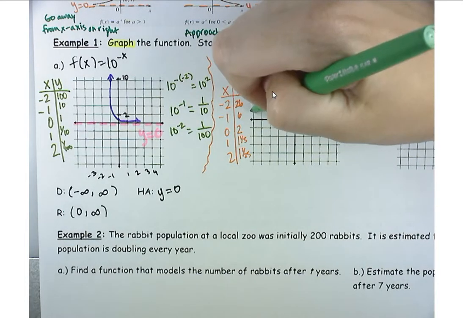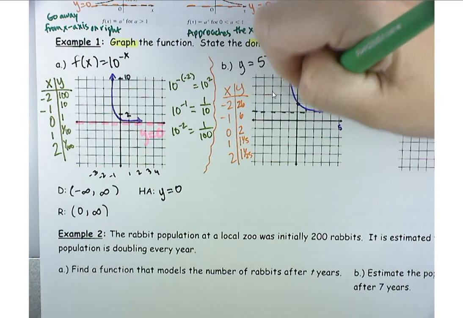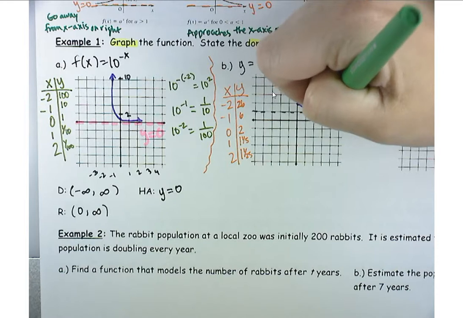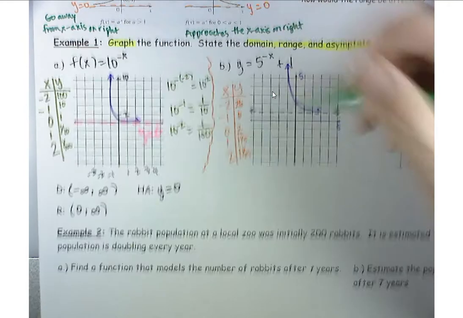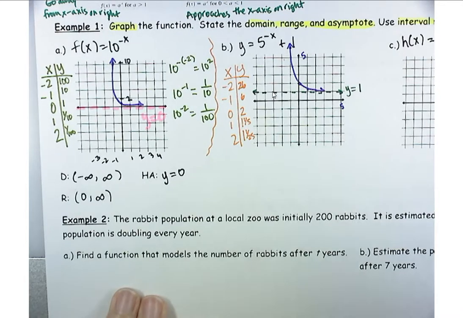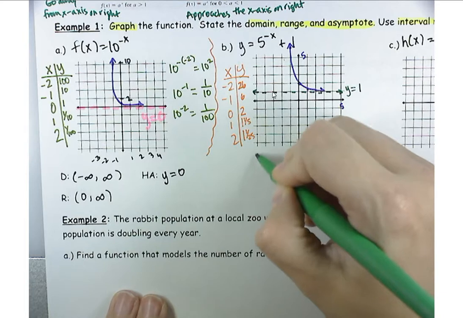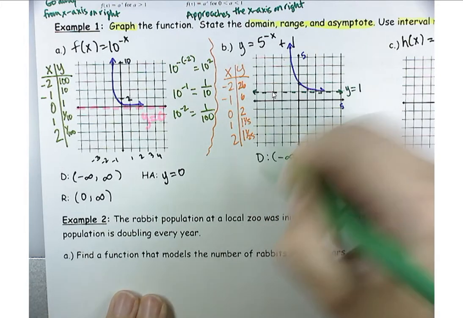Okay, so now if I'm looking at this, see how my line is approaching not the axis, but instead it's approaching what value? 1. So then your horizontal asymptote is going to be y equals 1. Okay, so your domain is the same, negative infinity to infinity.